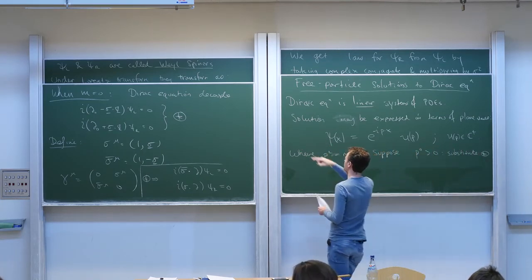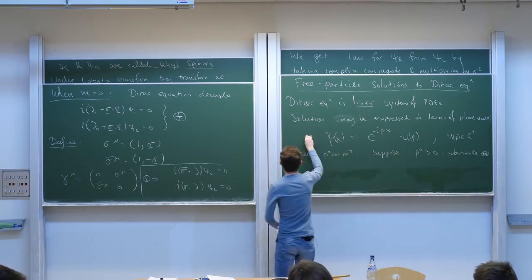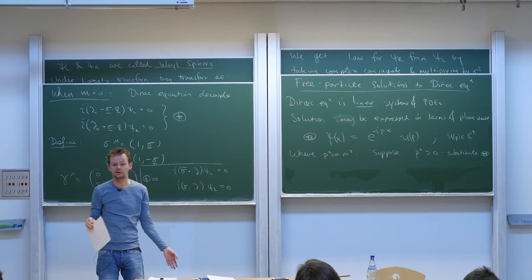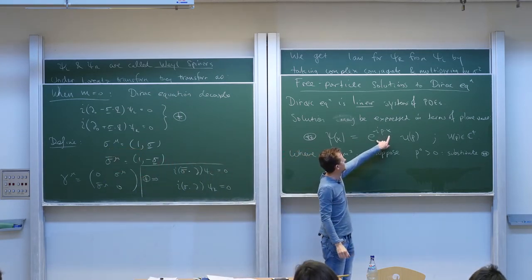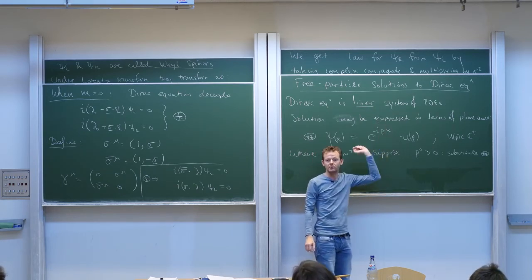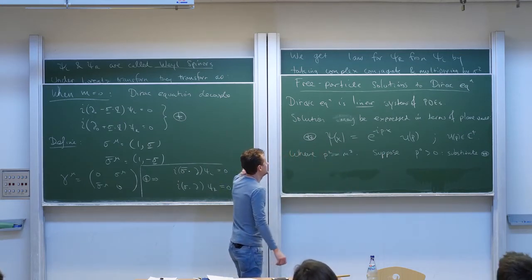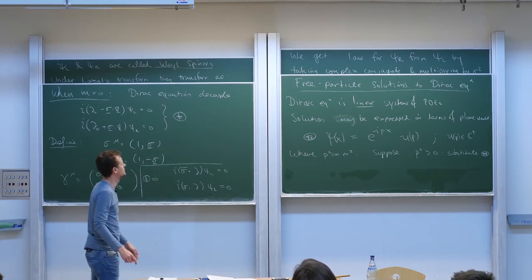Let's call it, I've called that star, so let's call this star star. We're going to substitute star star into the Dirac equation and see what comes out. So the whole beauty, of course, of a plane wave solution is that whenever you've got an e to the minus ipx and you differentiate it, it just brings down a component of the momentum 4-vector p. So the answer, do I have it on the board? The Dirac equation? No.